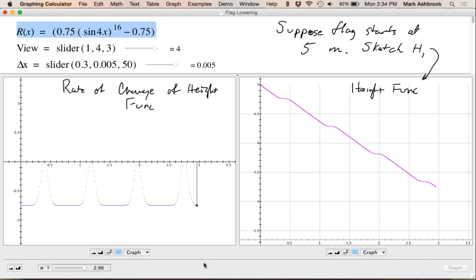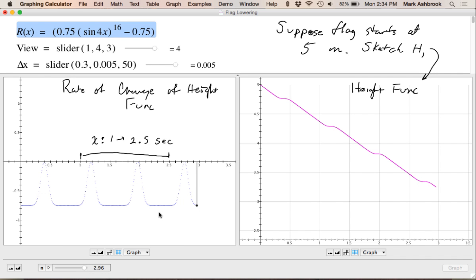Okay, so let's take a look at a time interval here, say from, who knows, 1 second to 2.5 seconds. So let's focus in on a time interval between 1 and 2.5 seconds. So x changing from 1 to 2.5.